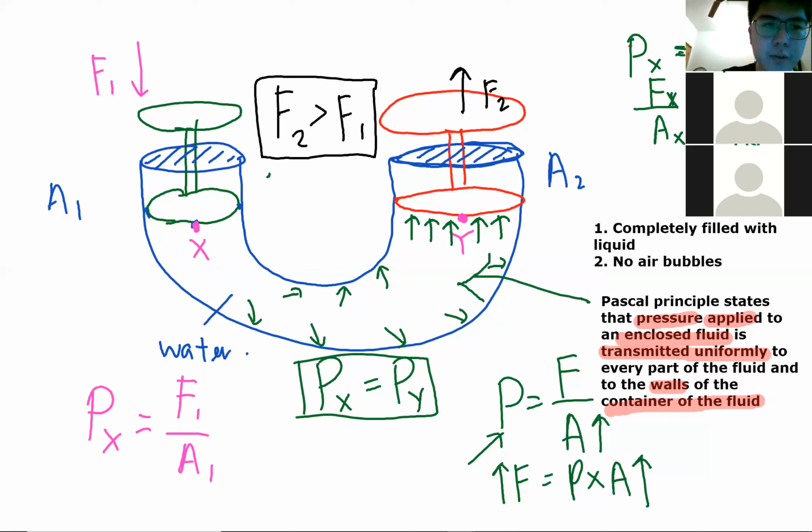So we can calculate the force exerted on the other piston. So we get Fy equals Fx over Ax times Ay. So that's how we calculate. The Fy is always bigger than Fx, the magnified force. Now let's go to the next part.